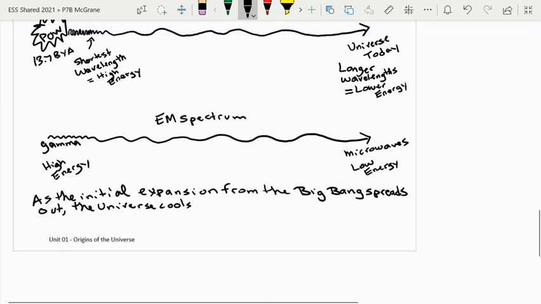Right, over time, it's been 13.7 billion years. The universe cools as the energy lowers.